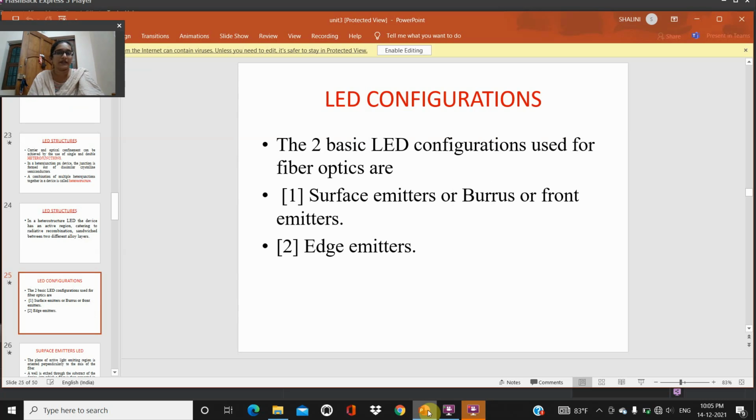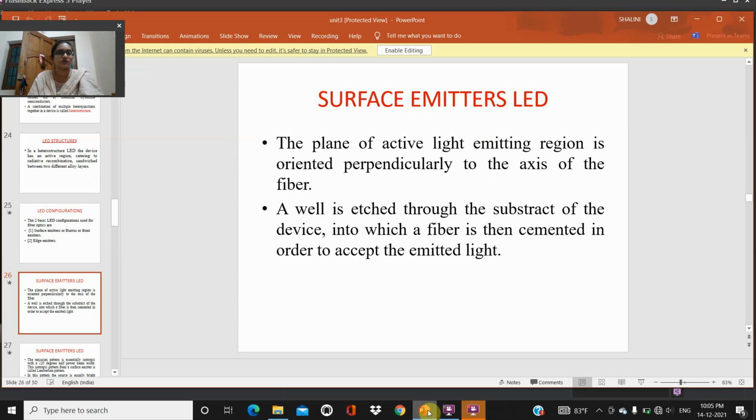The basic LED configurations used for fiber optics are surface emitters, also known as Burrus or front emitters, and edge emitters. In a surface emitter, the plane of the active light emitting region is oriented perpendicular to the axis of the fiber.